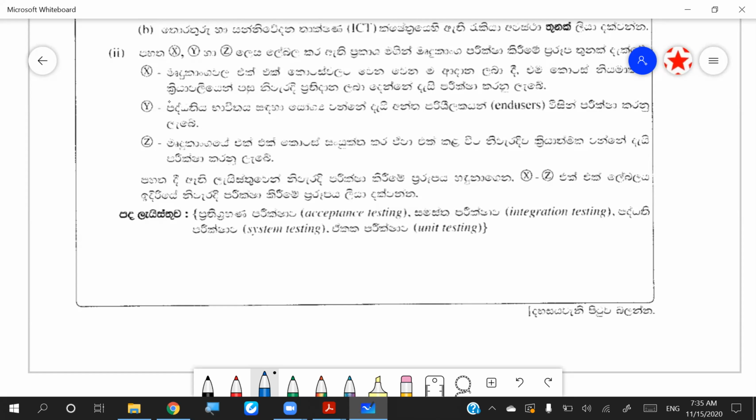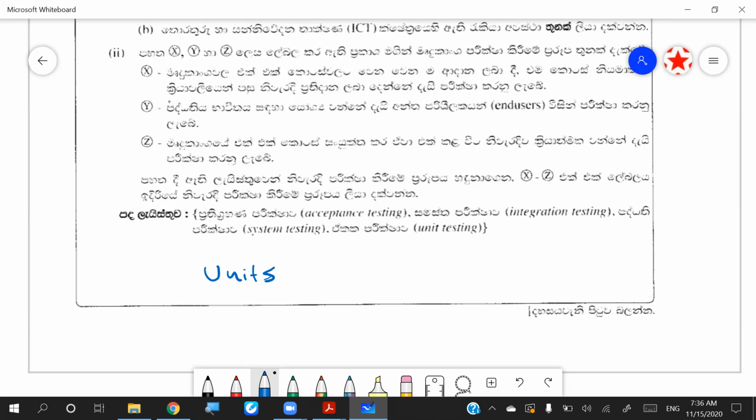So this is talking about individual components, in other words, the units. So this is regarding unit testing.